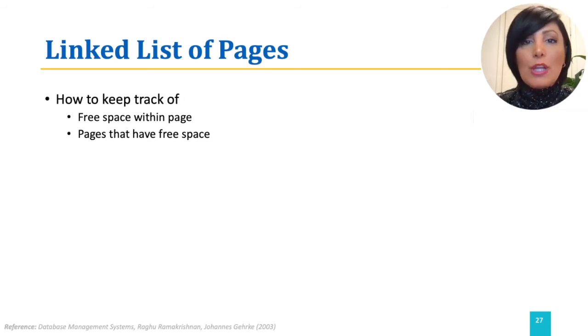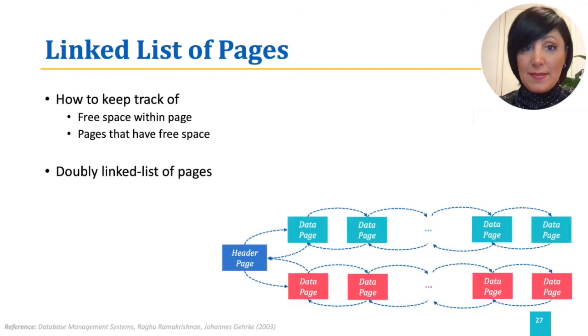This means we need to know the amount of free space within a page and the pages that do have free space. One way of doing that is maintaining the heap file as a doubly linked list of pages.